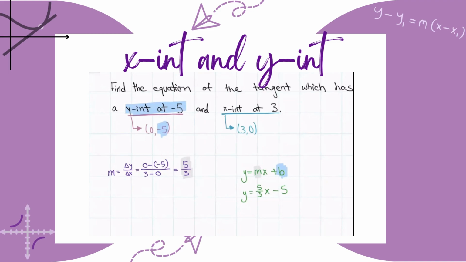To figure out the slope. But we already figured out the slope over here. So after that, we just wouldn't use it at all. Well, we don't need to because the y-intercept is given to us. Okay, yeah.